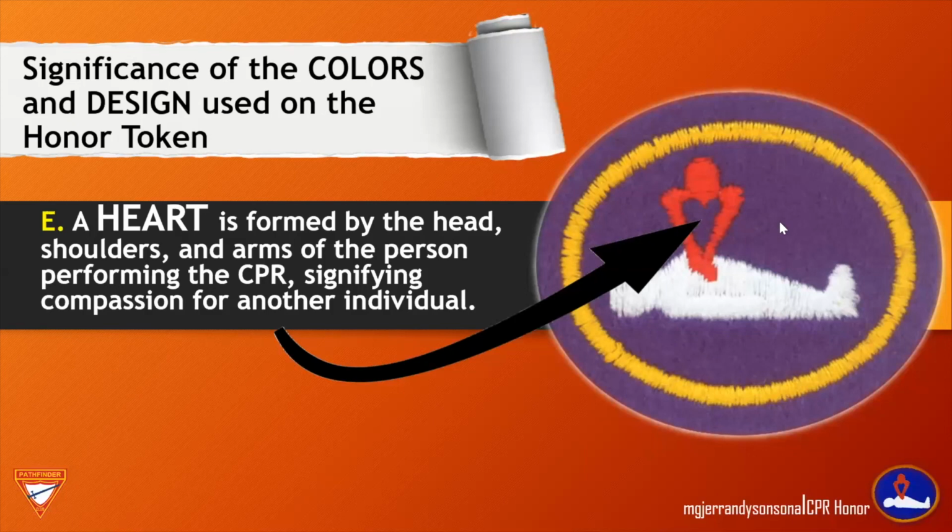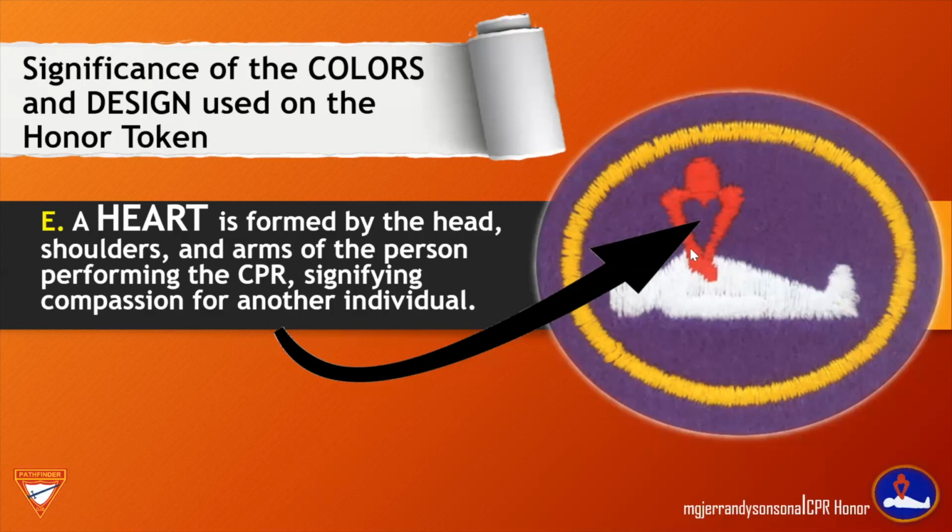So you cannot just kneel down in front of the person and do whatever you have learned in your CPR or first aid training, but you kneel down there because you have that compassion to save the life of a dying person. All right. So again, the white person is the person who needs CPR, signifying no circulation.